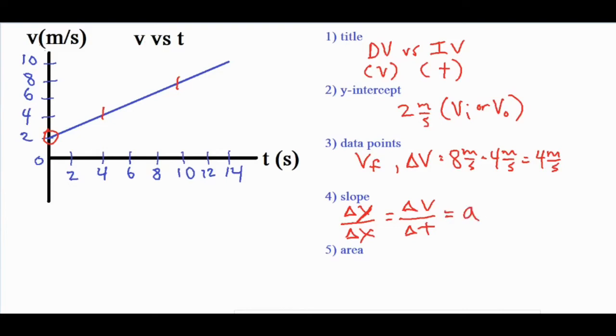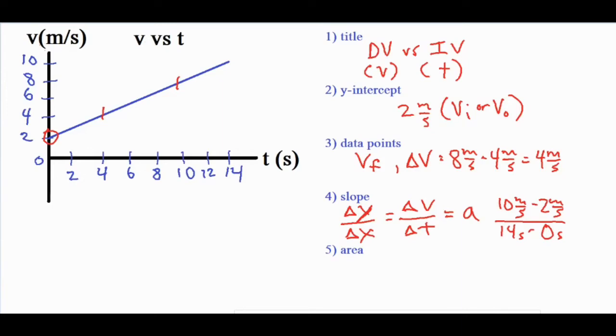So if we were to find the slope of the entire graph, we would take the final velocity, which is 10. Okay, so if we take this final point over here and then track it back over here, it looks like it's at about 10, minus the initial velocity, which we already said was 2. So minus 2 meters per second. And then we have the total time, which is technically 14 seconds minus 0 seconds, which is obviously still 14 seconds.